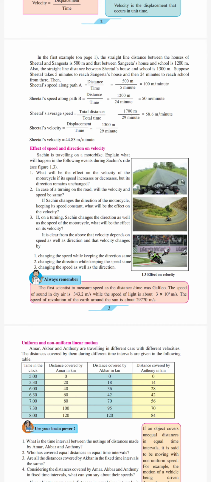And the earth revolving around the sun is 29,770 meters per second. So Galileo told the speed of sound in dry air: when the air is dry, sound travels at 343.2 meters per second. And the speed of light is 3 into 10 raised to 8 meters per second. You know this very well, it is a common thing.